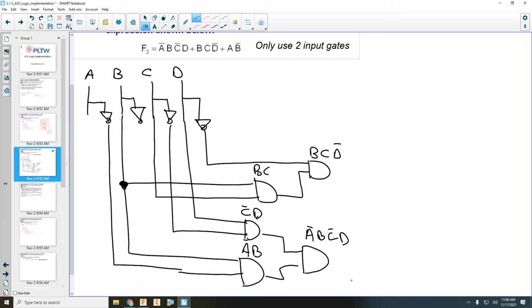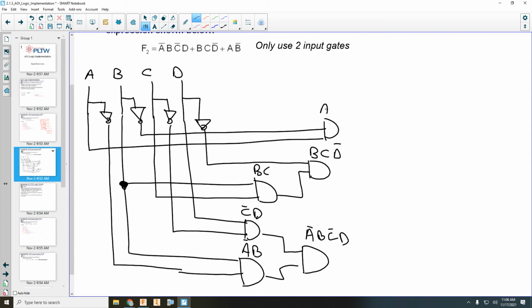And my last gate that I need is AB naught. So there's A, there's B naught. Okay, and then what do we have to do with all those?